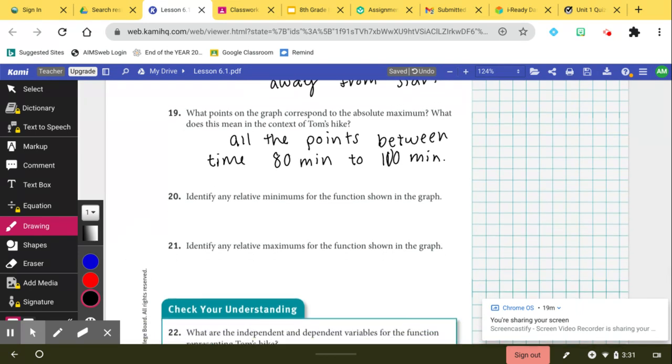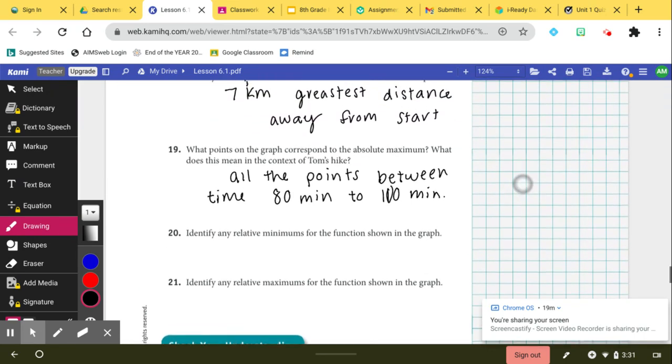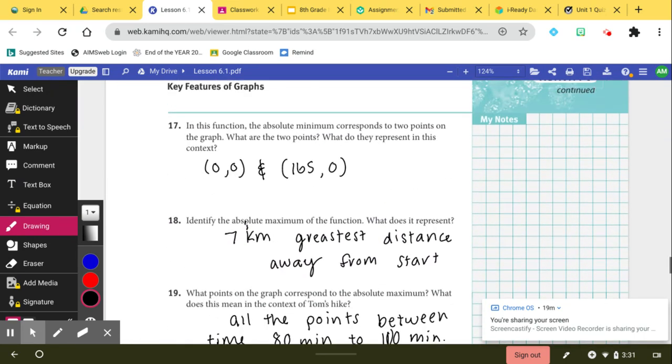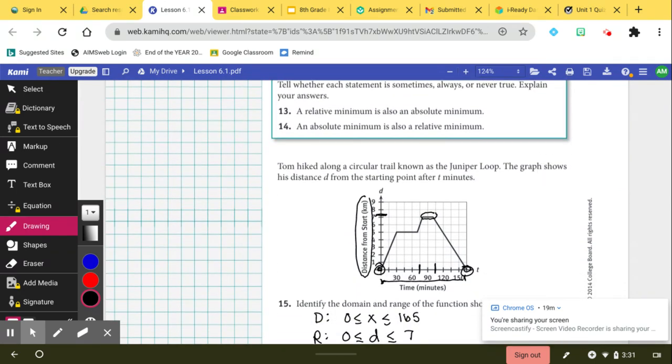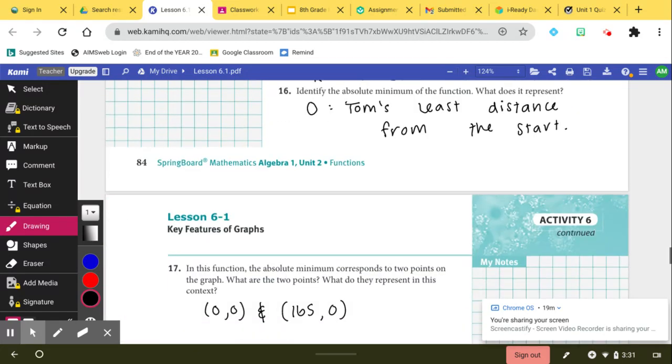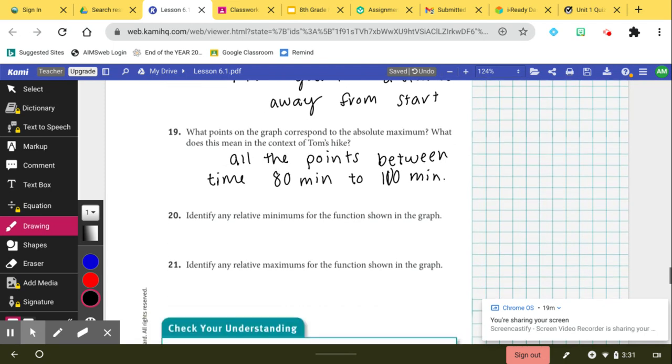Then it says identify any relative minimums for the function shown in the graph. So I'd have a relative minimum here. So 5.